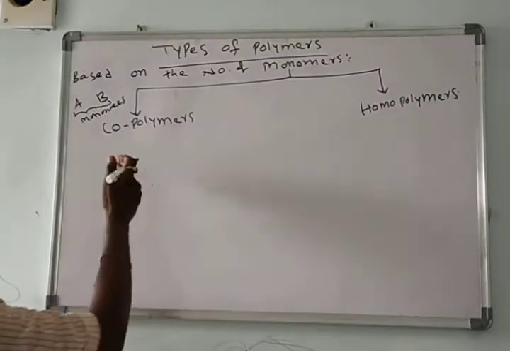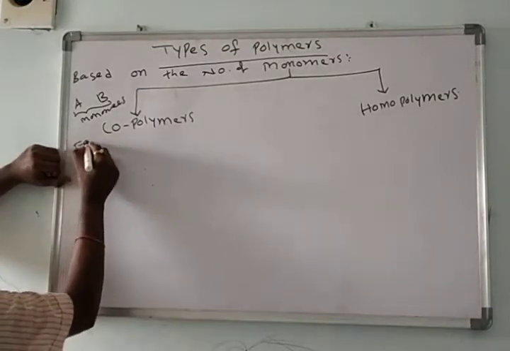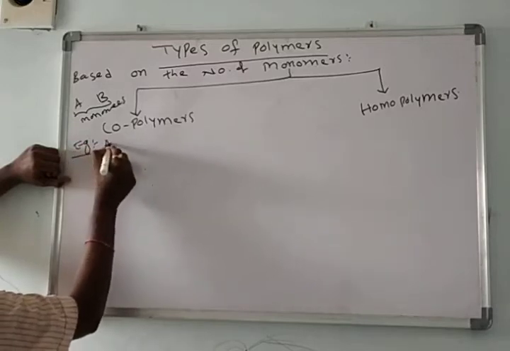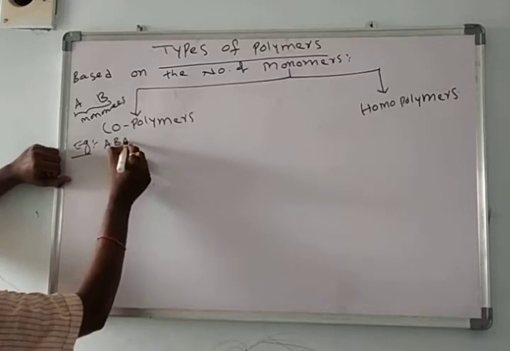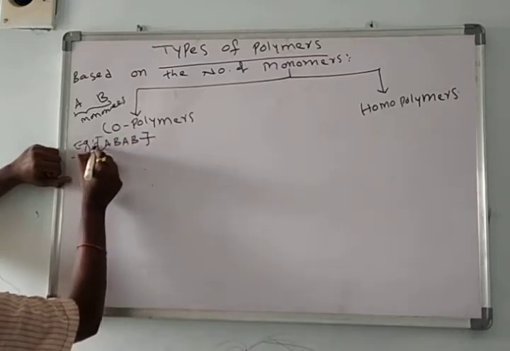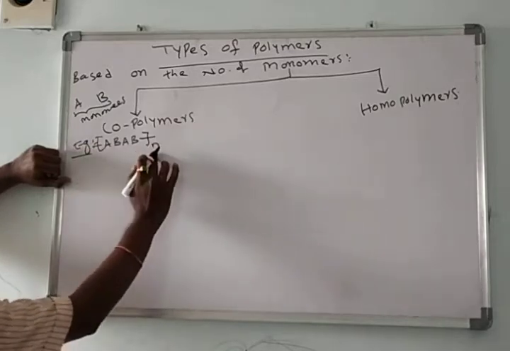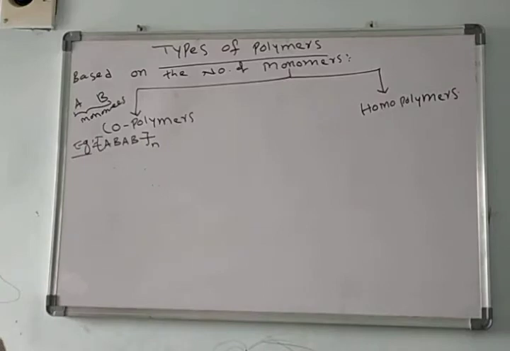We'll see this in continuation. Just I will give one example with AB: A attached with B, attached with A, attached with B. Here we'll get the polymer. This type of polymer we call a copolymer.